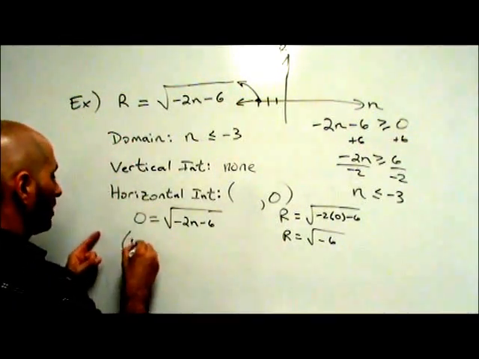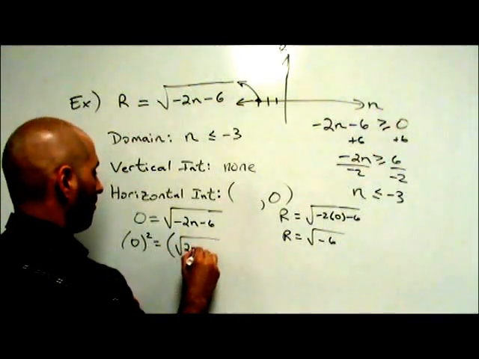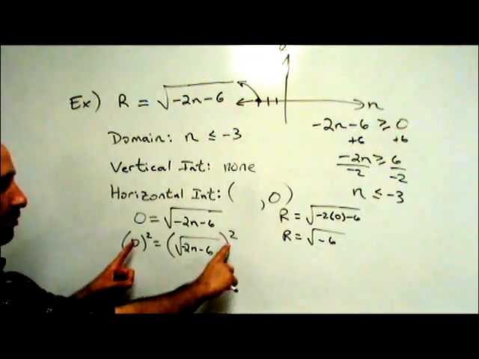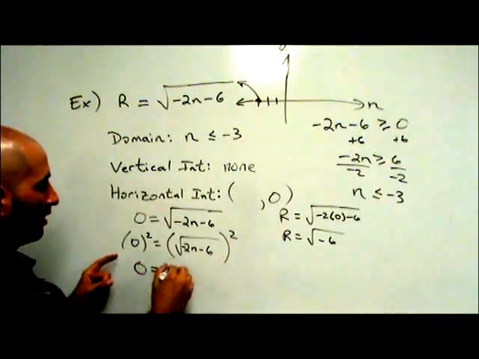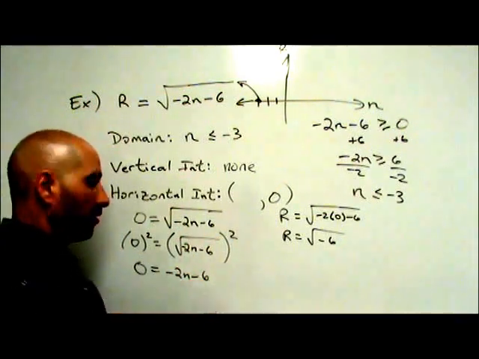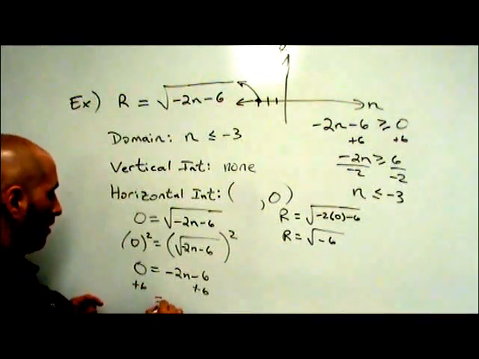So square both sides. Recognize that when you do that, you get 0 on the left, because squaring undoes the square root. And we can solve that for our n.